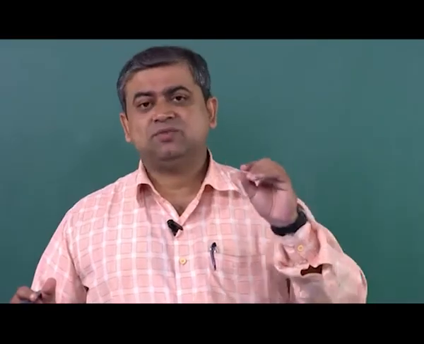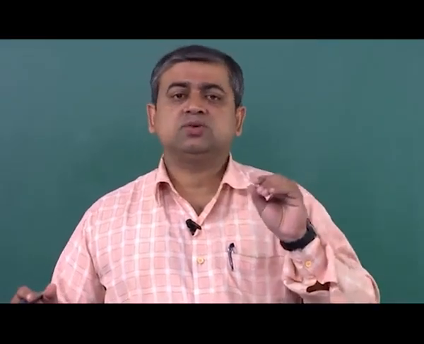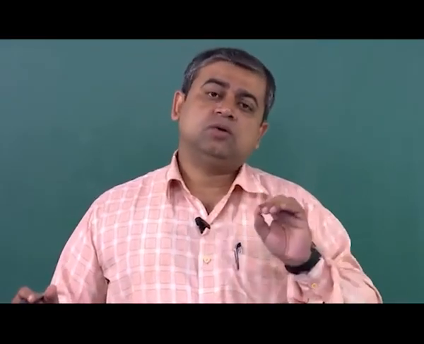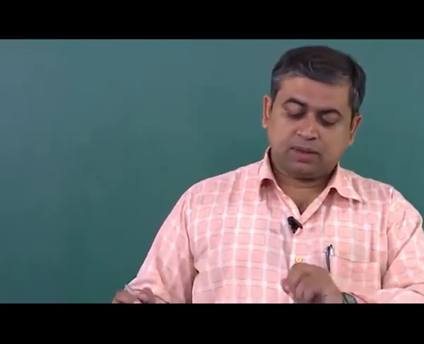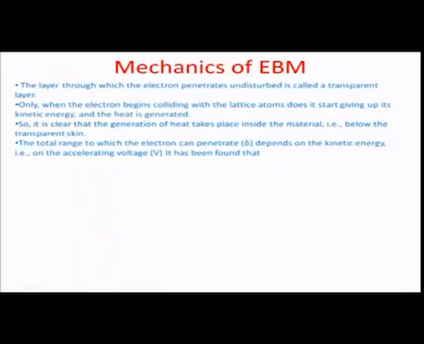So, there is always a skin which is developed in the machining zone, below which the whole thermal energy is generated by conversion from kinetic to thermal. So, the total range to which such an electron can penetrate, if we call that delta, typically depends on the kinetic energy, the accelerating voltage, etc.